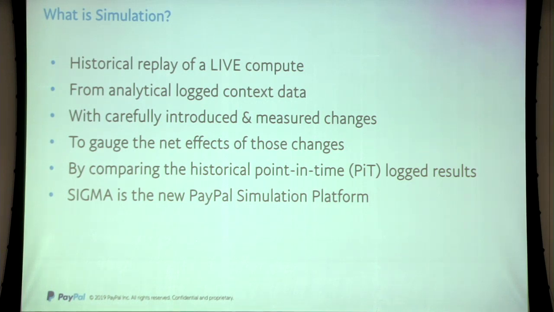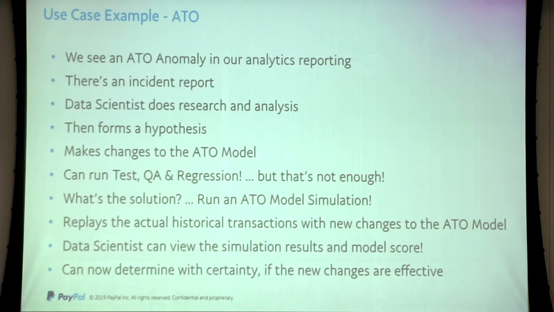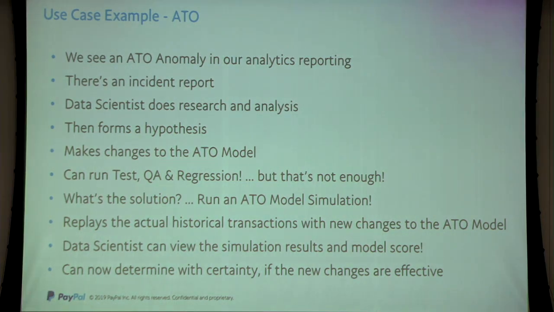So what does that mean? I think the best way of describing it is to go through the ATO example, the account takeover example, from the login checkpoint I mentioned earlier. Let's say we see an ATO anomaly.